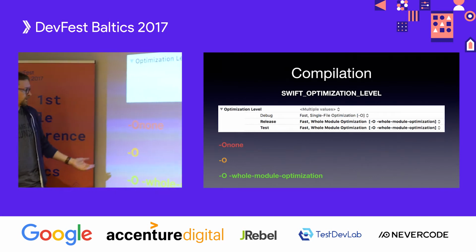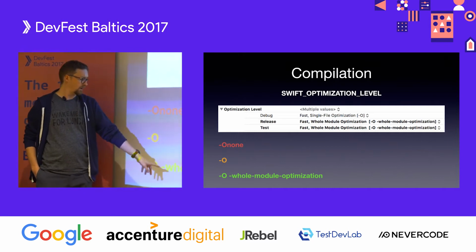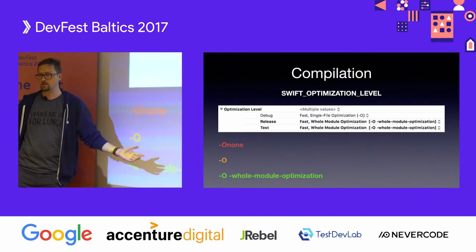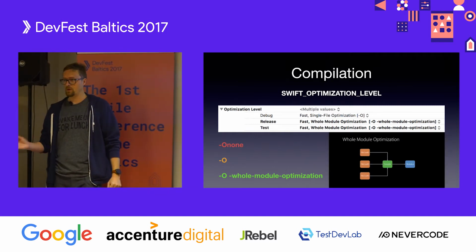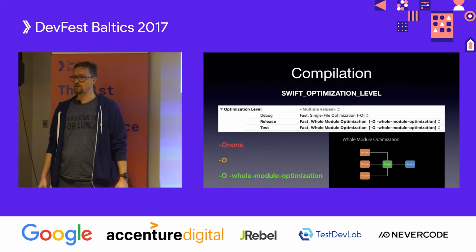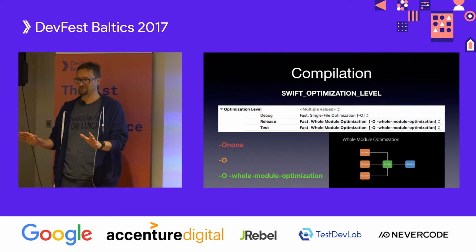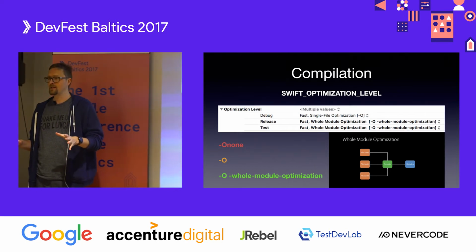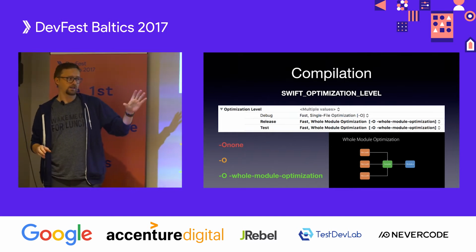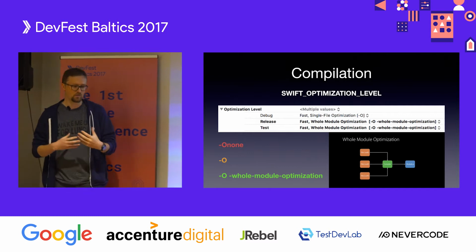For release, we either use -O, which is fast, or -O with whole module optimization, and this is way better for whole modules. Do you know what whole module optimization is? No? Okay, there's a blog post on Swift.org that describes how whole module optimization works in detail, so I won't go into details.